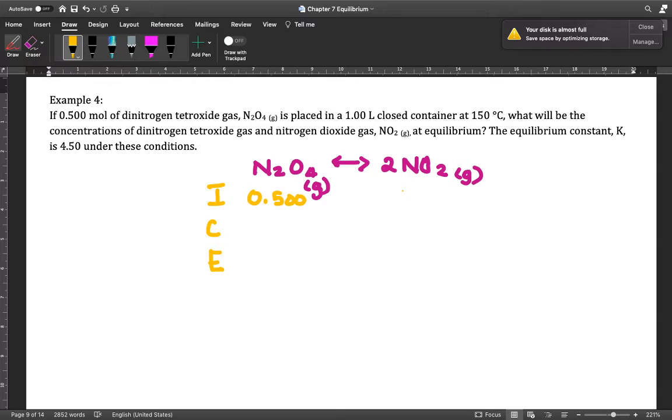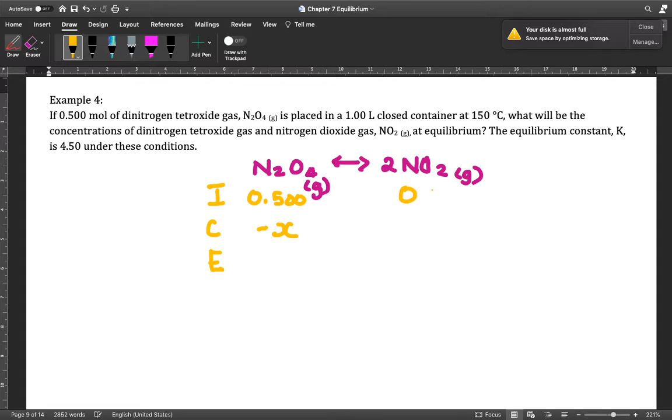We start off with no nitrogen dioxide, but looking at our coefficients, we can figure out our change. So I know that this does have a concentration initially, so that is going to decrease over time. So it's going to be negative x. And because the coefficient is 1, we're just going to leave that as negative x.